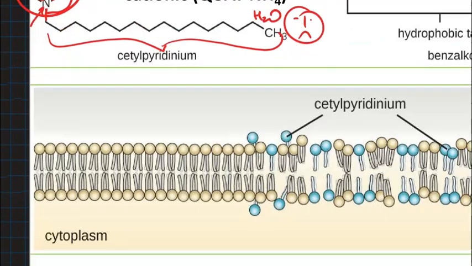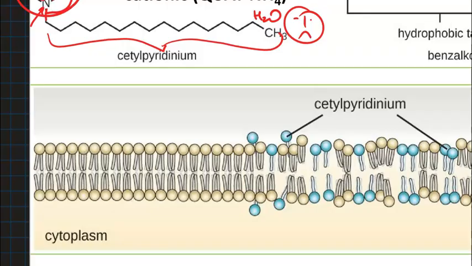What is the charge on the phosphate head of phospholipid? It's hydrophilic, but what is the charge? Positive or negative? Phosphate is negative. So effectively the surface of the cell is negative. Okay, the surface of the membrane.